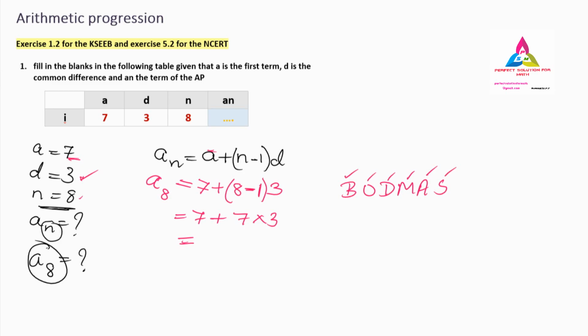First we have to solve the bracket, then order, then division, then multiplication, then addition, then subtraction. So here multiplication we have to do first. So 7 plus 7 3s are 21, so it is 28, our 8th term. This is very easy, so AN value is nothing but 28.